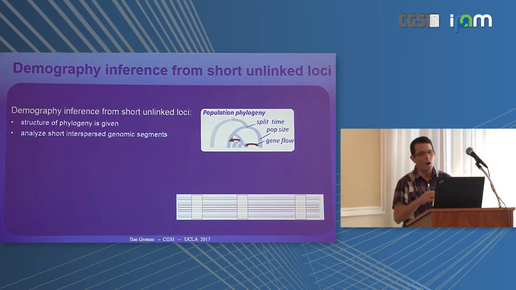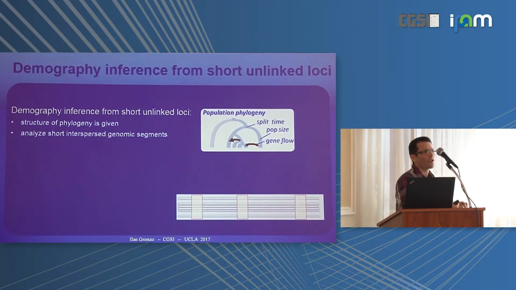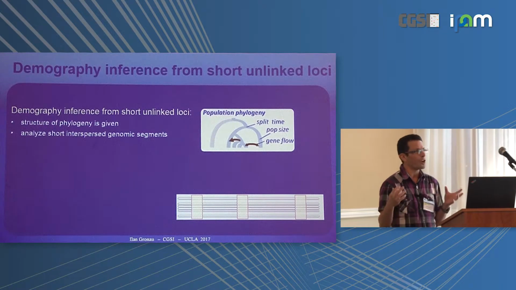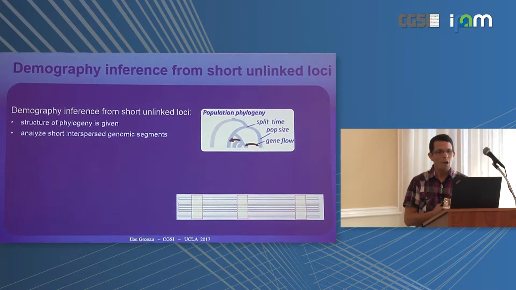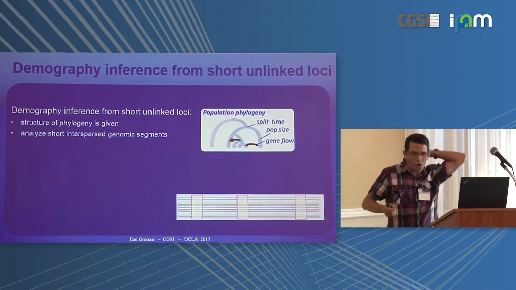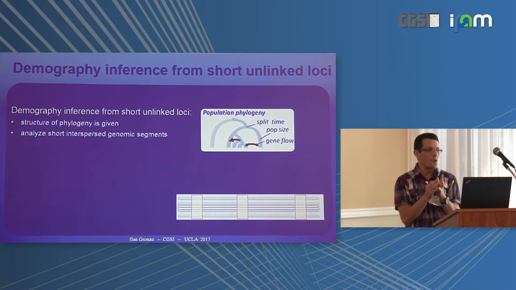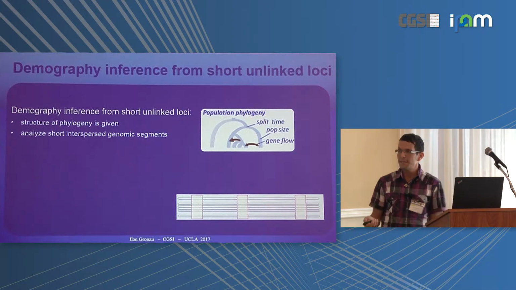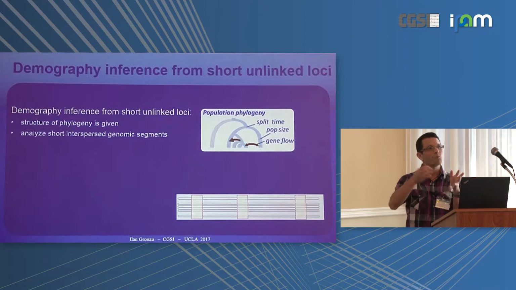So you would want to actually use the complete ARG to do demography inference, but that turns out to be very complicated. It's not impossible. I think down the road people might be able to make it work. But one way to make it work that's significantly simpler is to avoid looking at long stretches of sequence and think of your genome as very short windows that are spread apart.